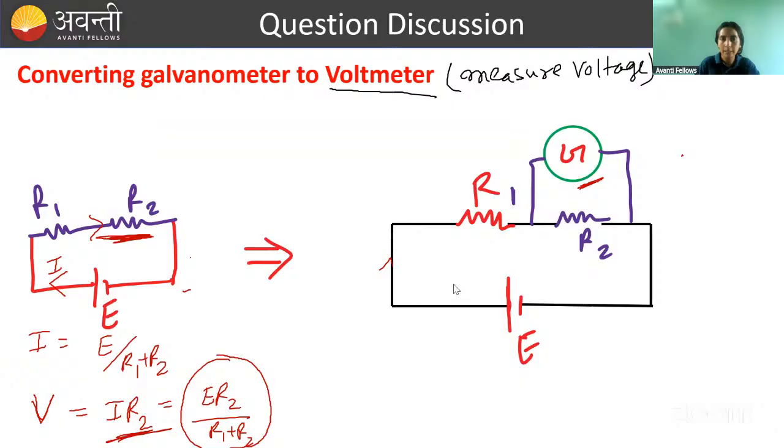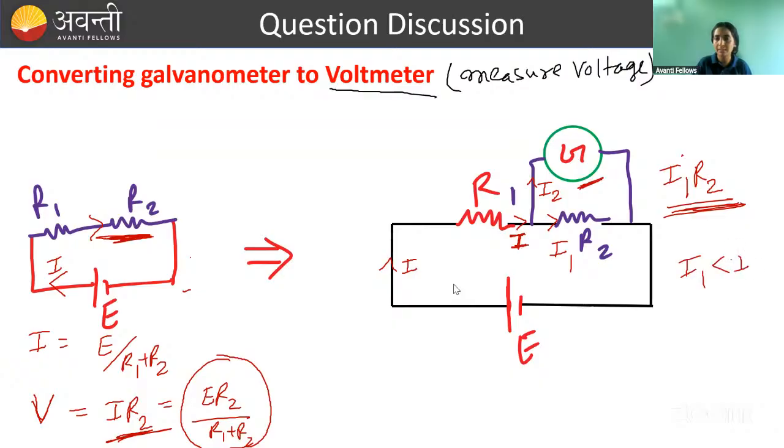So current I तो ऐसे फ्लो किया, ठीक है, यहाँ पे देखो I current आया, ठीक है, यहाँ पे I current आया. Now I will get divided. So here some current I1 and here some current I2. So what is the potential difference across R2 now? That is I1 R2. That is how much? I1 R2, and which is less than that of IR2, है ना, क्योंकि I1 is definitely less than I. Done है? I1 is what? It is less than I, right?